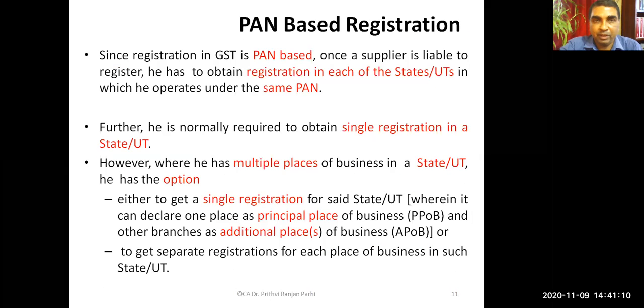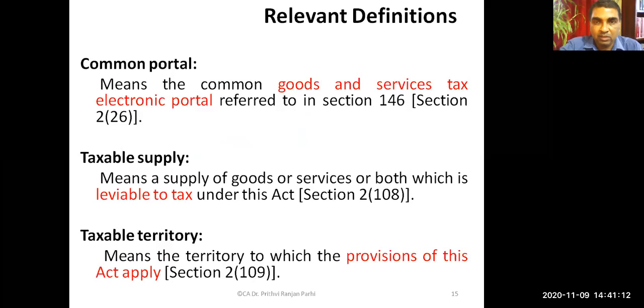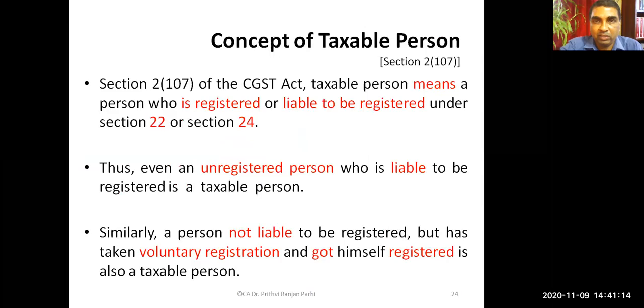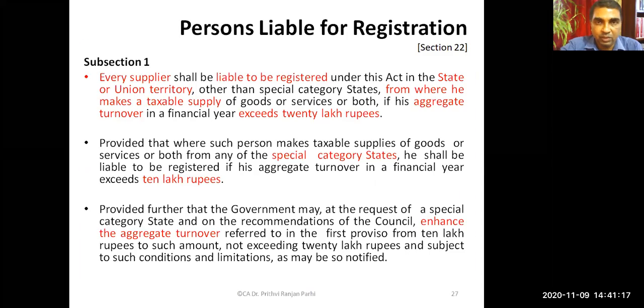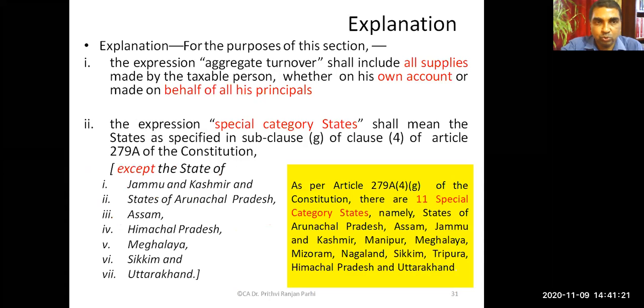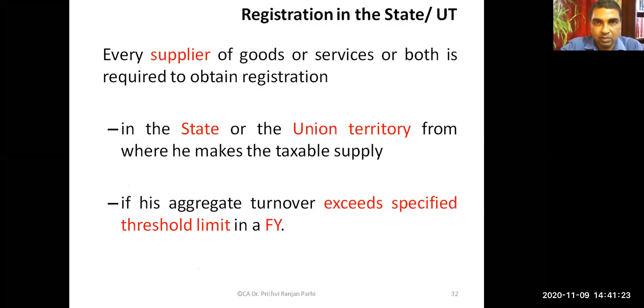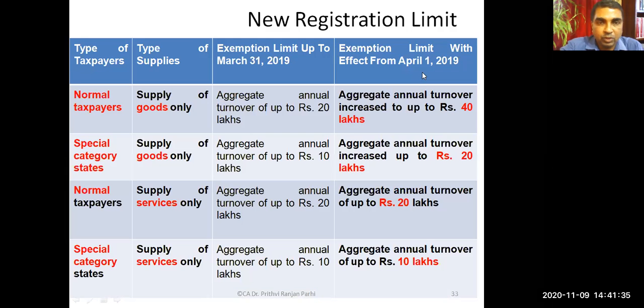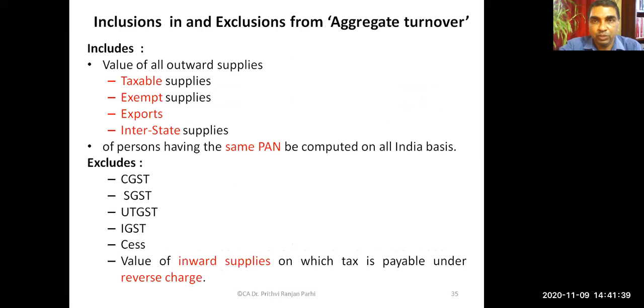How the registration certificate looks, you have seen. You have also learned some relevant definitions. Who are the persons liable for registration? We have learned those issues. What is the turnover limit for getting oneself registered? You already know the meaning of aggregate turnover.